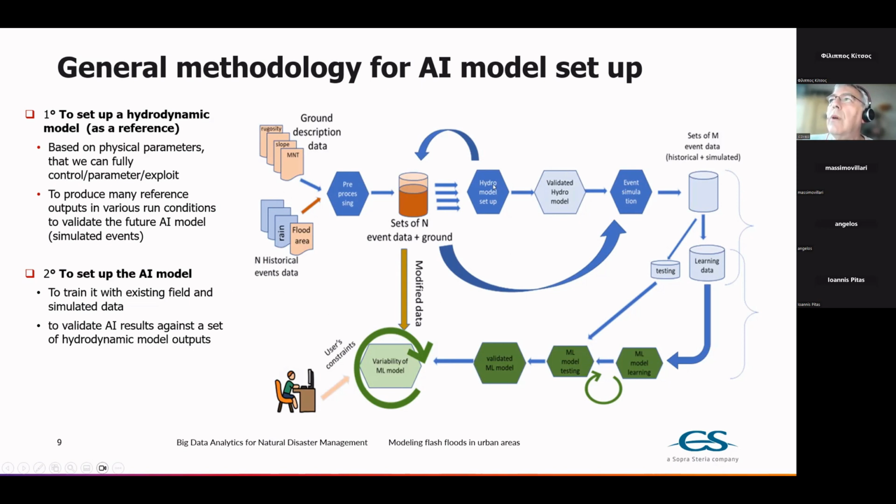So with this hydrological model, we are able to simulate events, meaning a situation with precipitation inducing flooding in the city. And then we have a database of historical and simulated events.